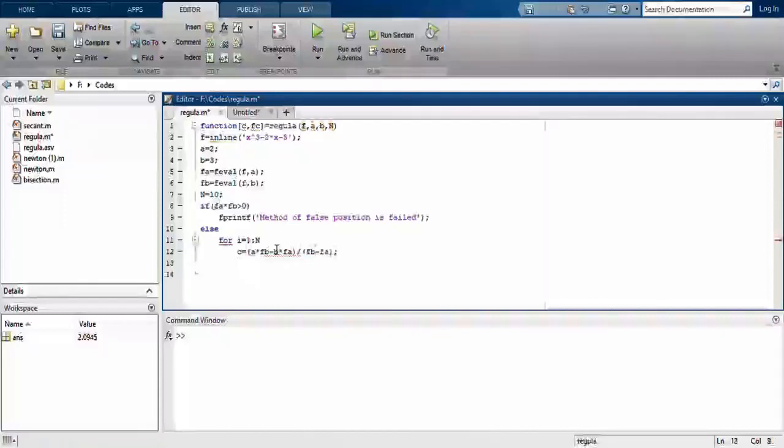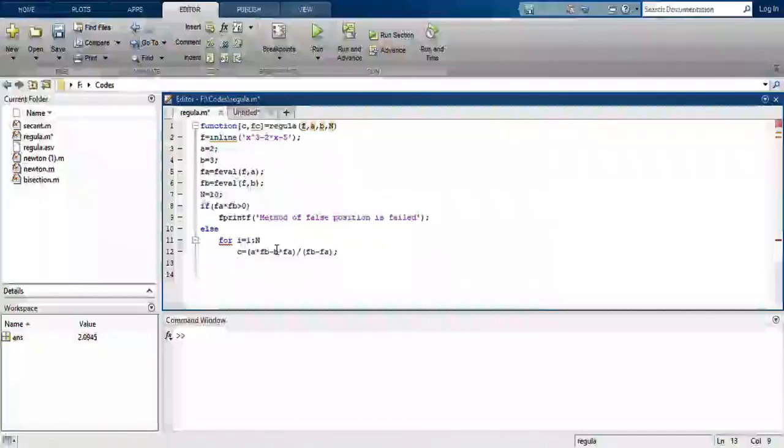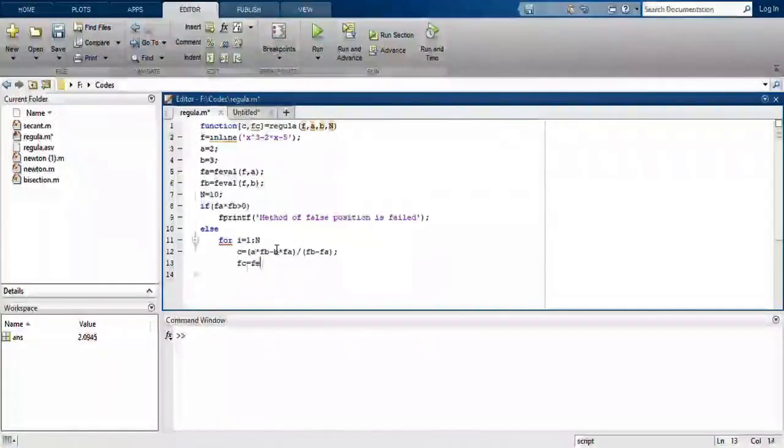It will calculate c in every iteration. And also to evaluate the value at c, fc is equal to feval(f, c).